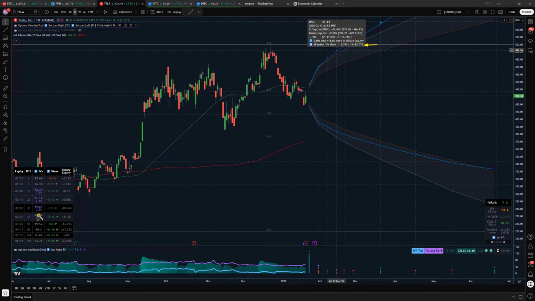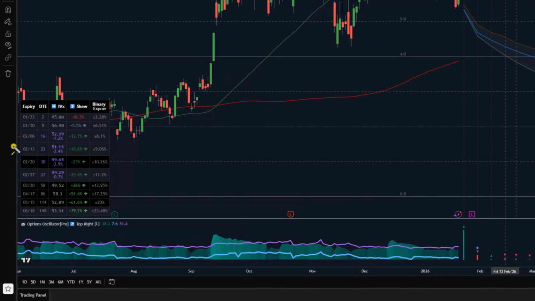So for example, if we go here at this expiration, the 13th of February, you will see that the 13th of February has a 51.14% IVX, and the next expiration after that only has 49.64. That means there's a backwardated IV skew, the horizontal skew, because this expiration has a higher IV than this expiration.